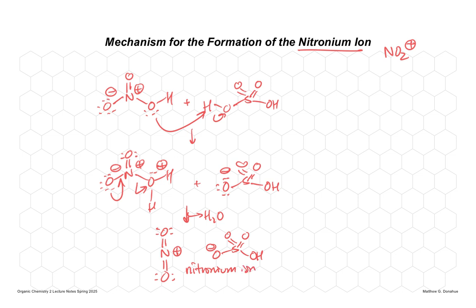The EAS mechanism occurs exactly the same as with chlorination. The ring pi bond will attack. You have that H and then NO2 now, and then the conjugate base will come eliminate the H from that ipso carbon.